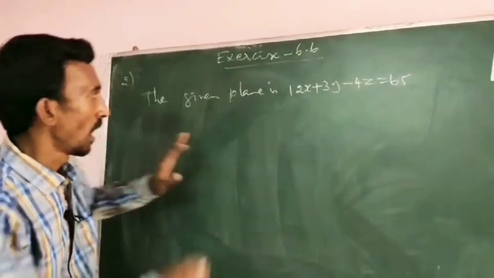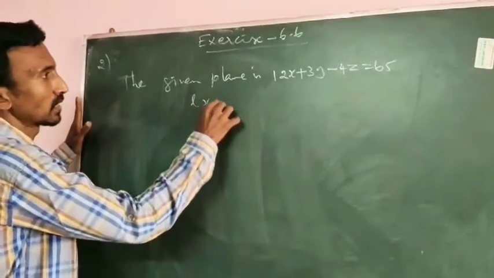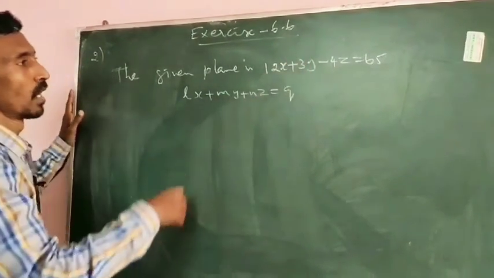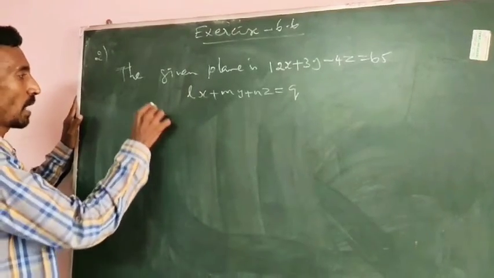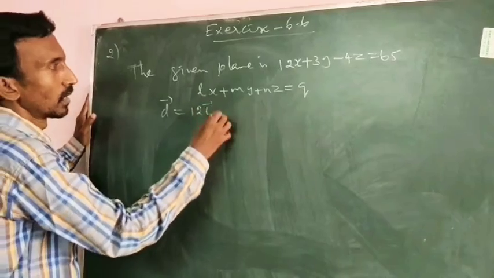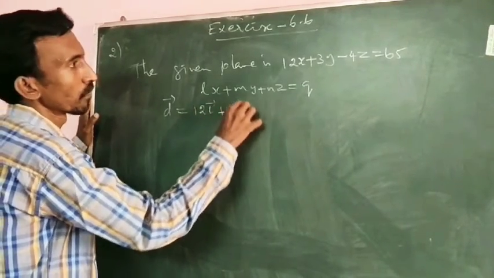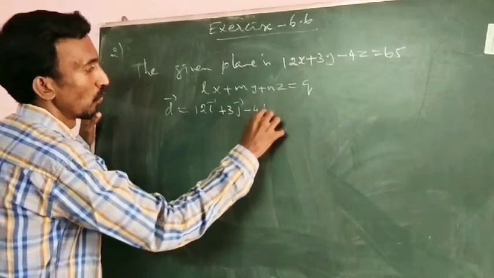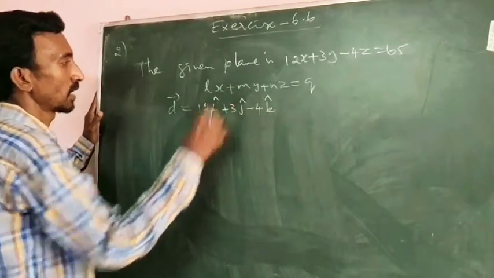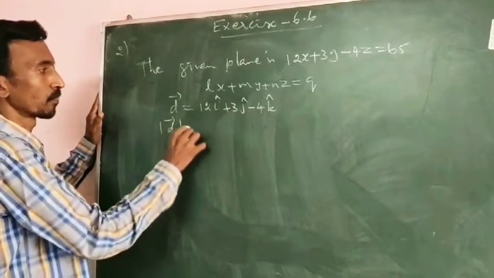So imagine it is of the form lx plus my plus nz equal to q, not p. From that one we are observing d vector equal to 12i plus 3j minus 4k. Find its magnitude.